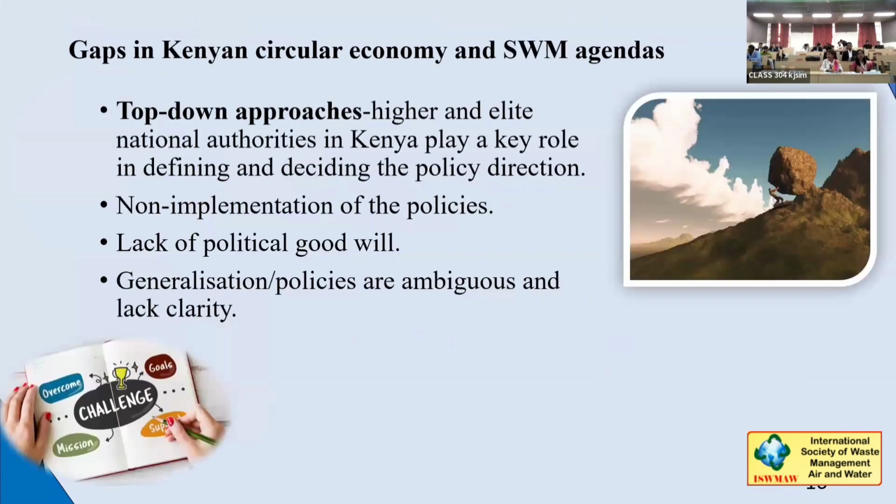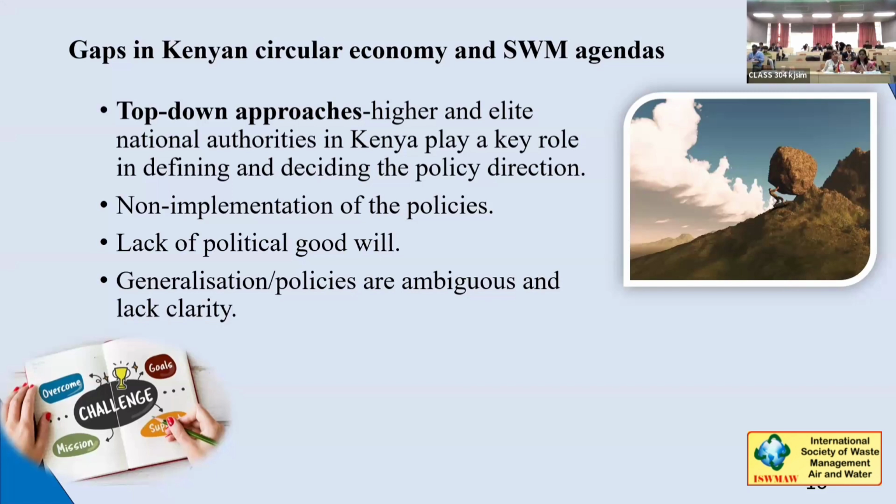I'll quickly look at the gaps that exist in our Kenyan policies and legal framework that pertains to circular economy. One is the top-down approach, meaning that there are only government institutions that are involved in designing and formulating these policies. So you find that the marginalized and the vulnerable groups in our community, they are not engaged in this process.